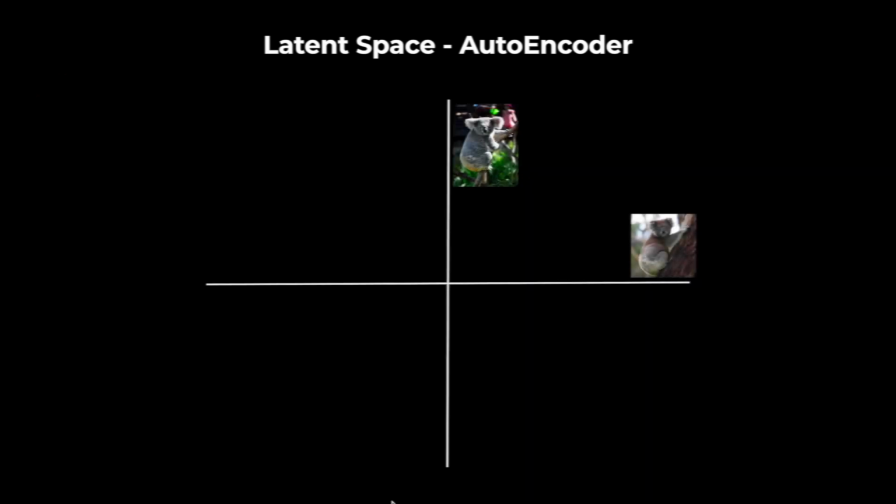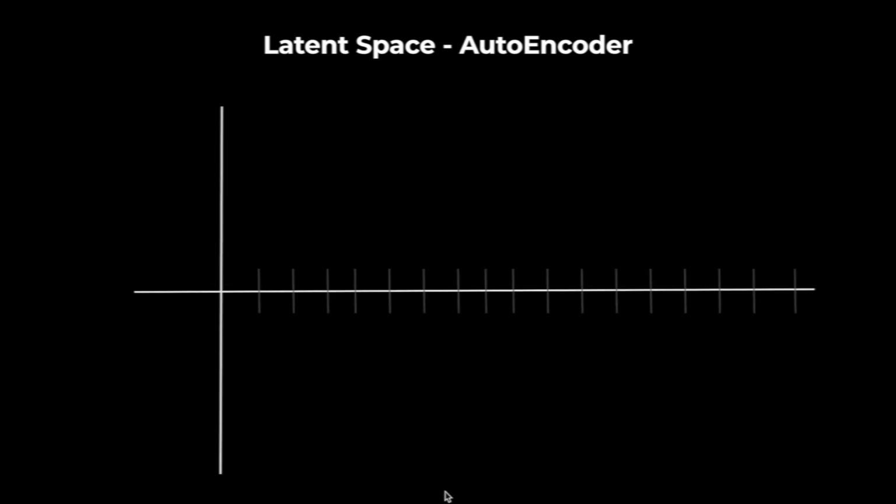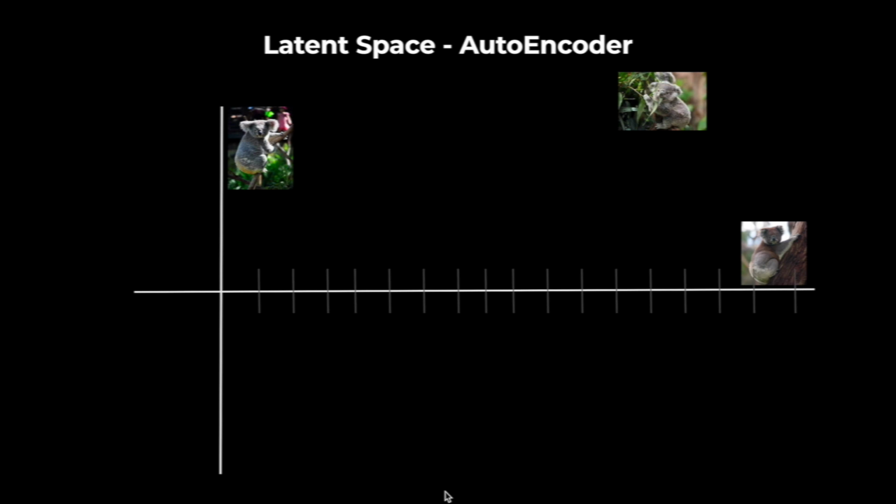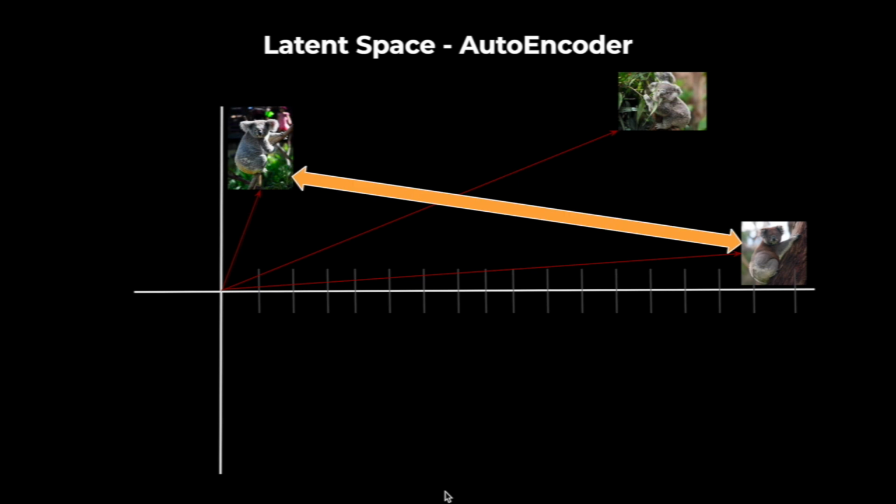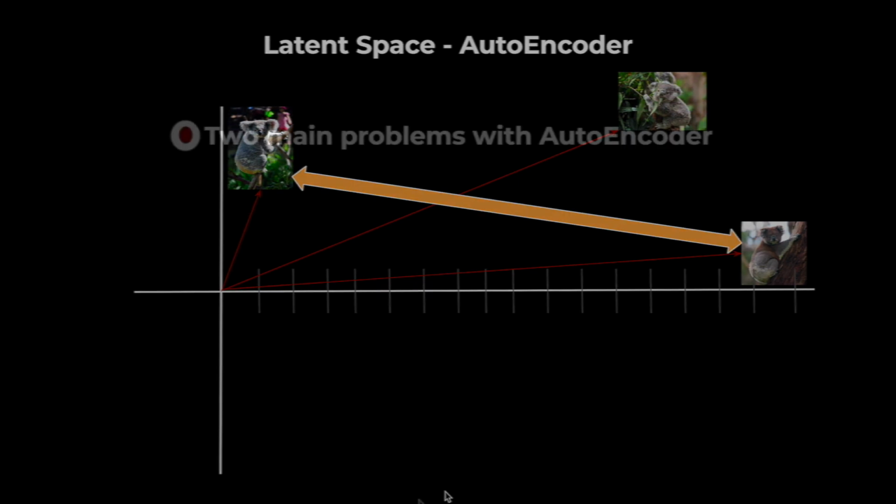Because of this, the input values are located at very distant locations even when they are quite similar to each other. In this given example, these two koalas are quite similar. However, in the latent space, they can be placed quite far apart.